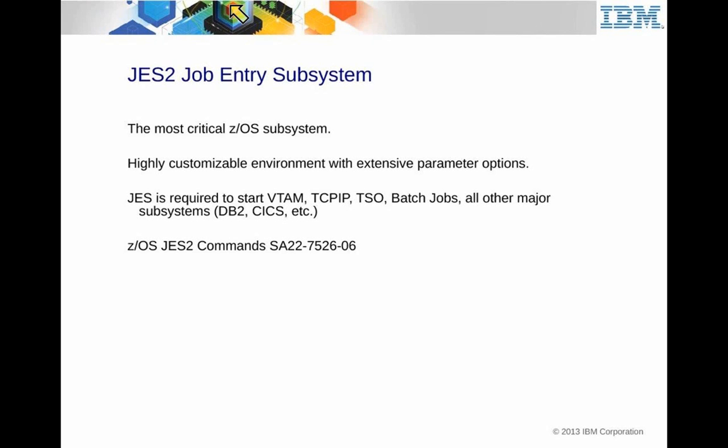Now, JES has a whole series of commands. You can actually look up the JES commands by doing a Google search on this book. I wouldn't do it right now because we will be doing some JES commands also. So I'm going to go forward.